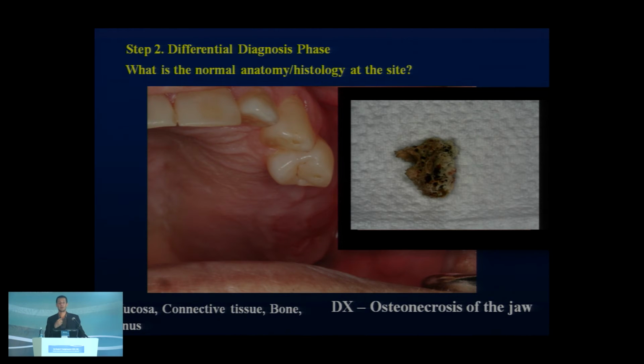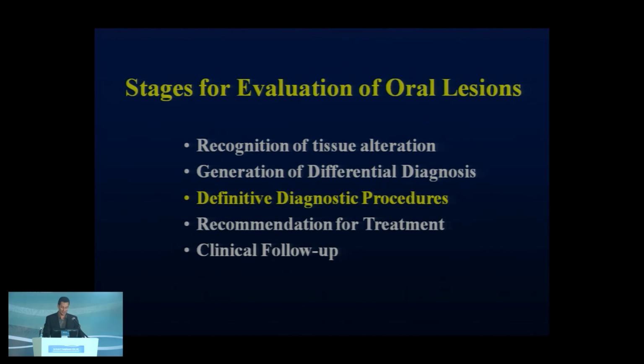This patient was on bisphosphonate medications, and this is the condition we call osteonecrosis of the jaw, associated with medications like bisphosphonates or anti-resorptive medications. Patients take these medications for cancer or for osteoporosis. And this is something that we're starting to see more regularly, and it's a relatively new condition.